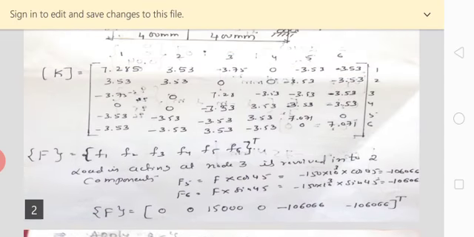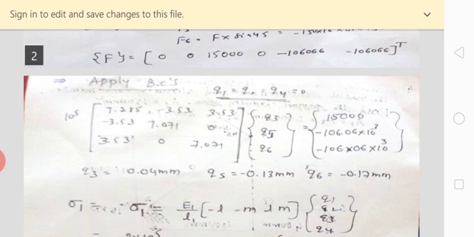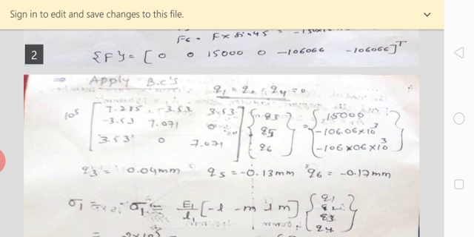Nothing but in the global stiffness matrix or equation of equilibrium, you need to eliminate the complete first row, first column, second row, second column, along with the fourth row, fourth column. After applying the boundary condition, the remaining terms are as they are.